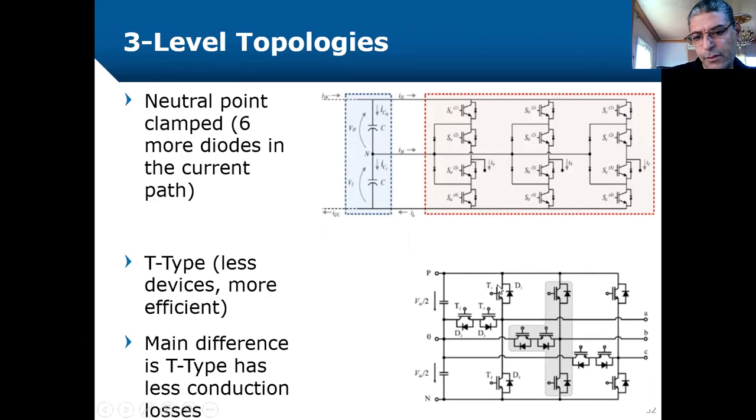Look, for example, T1 and T4, if switched on together, they will make a short across P and N terminals of the DC bus. If T1, T2, T3 are switched on together, then we will have also a short path on B with O.